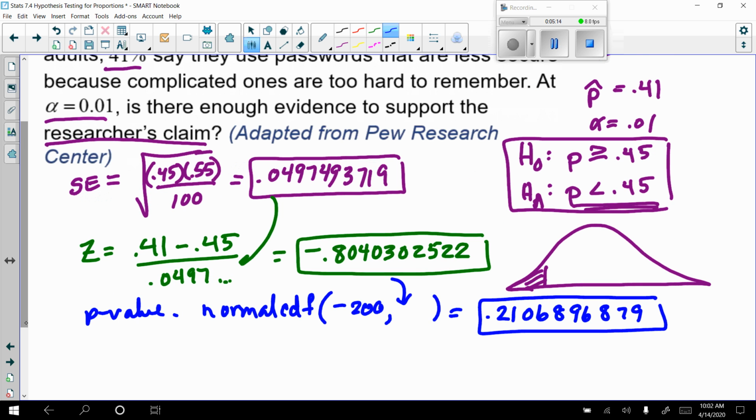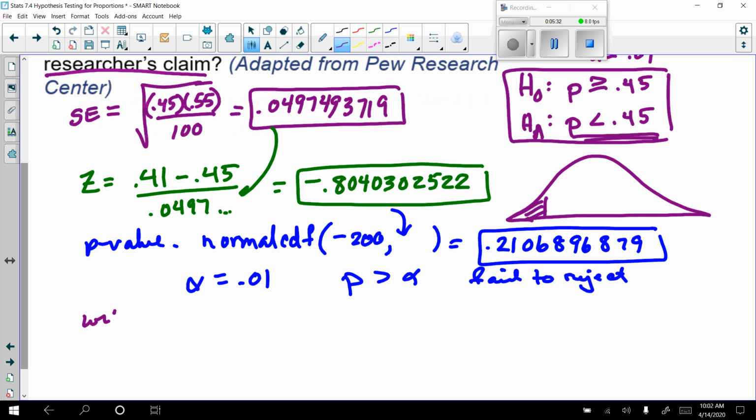Remember, our alpha level is 0.01 and our p-value is greater than our alpha. That means we fail to reject. That means we cannot support the claim.